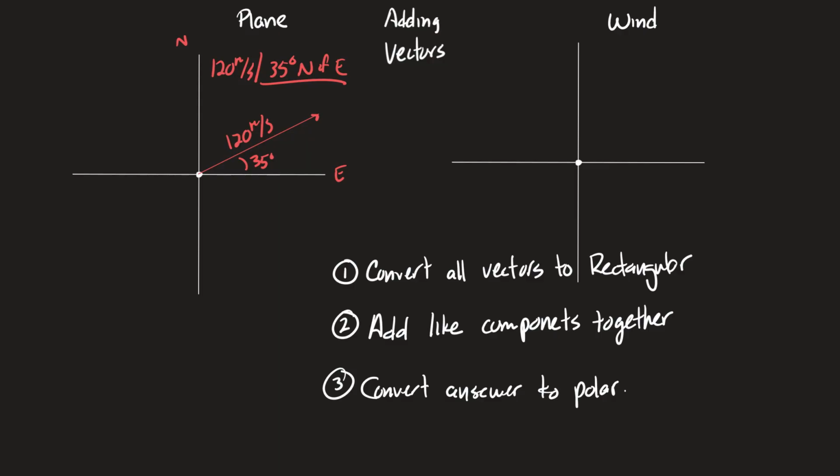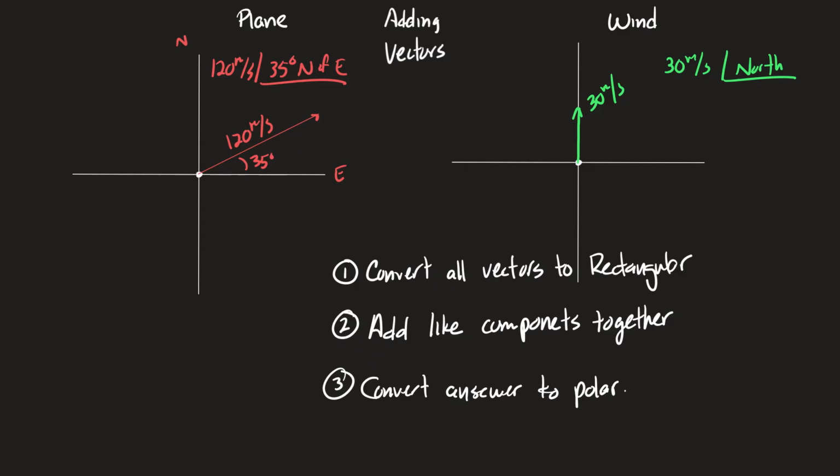Let's say the wind, to make this go quicker, is 30 meters per second due north. So I want to find the ground speed of the plane. I want to add these two vectors together. Okay, we're going to do this together. Are you ready?